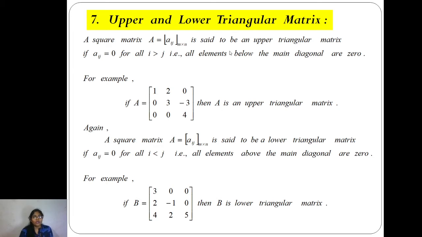That means all elements below the main diagonal are 0, for examples 1 2 0 0 3 minus 3 0 0 4. Main diagonal means 1 3 4. Okay, 1 3 4. Main diagonal below main diagonal all elements 0.